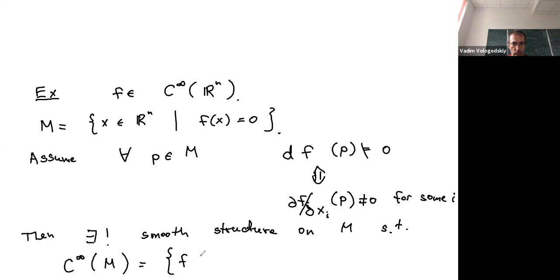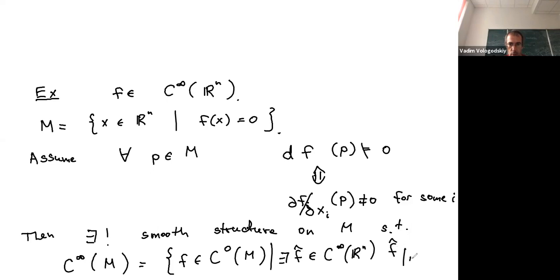We look at all continuous functions on M such that there exists a function on Rn whose restriction to M is this.